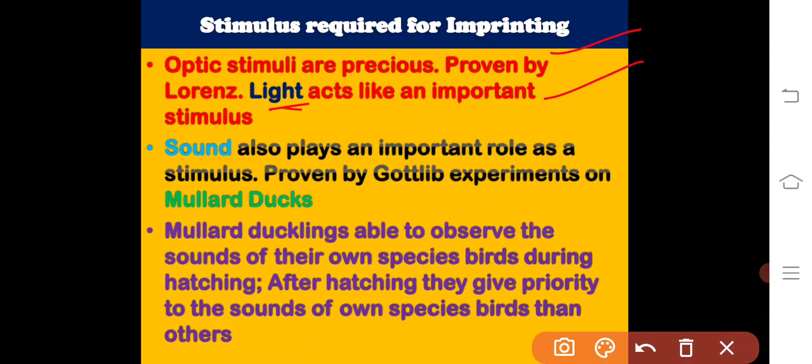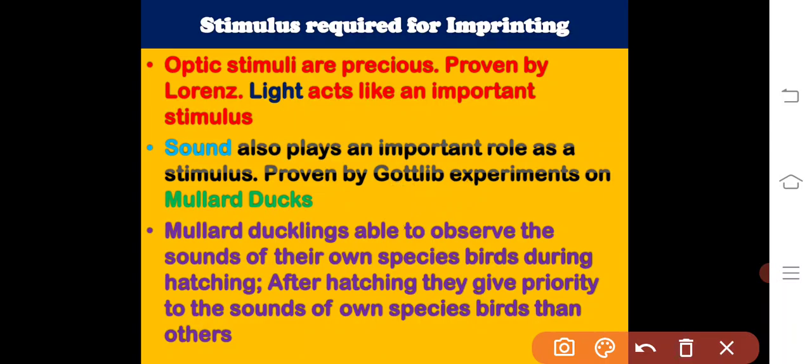And the second place is taken by sound. Sound also plays an important role as a stimulus in the process of imprinting. This is also proven by Gottlieb, who experimented on mallard ducks.